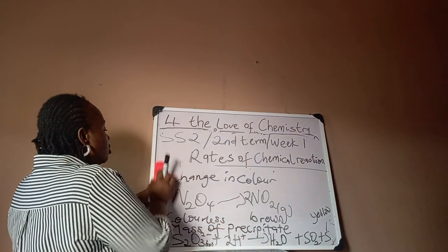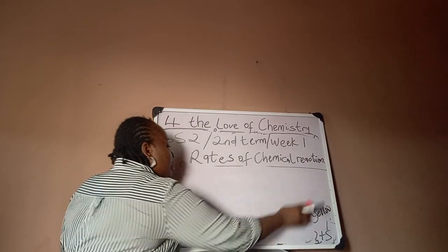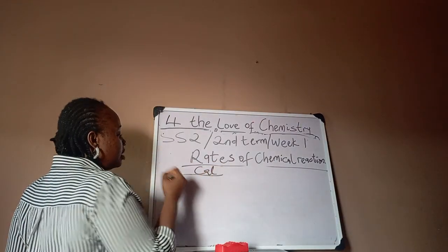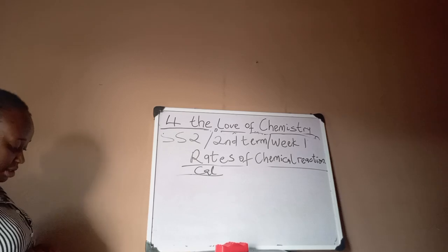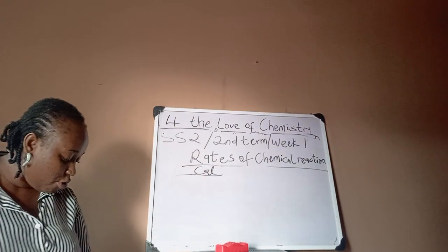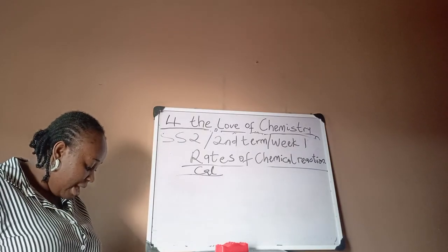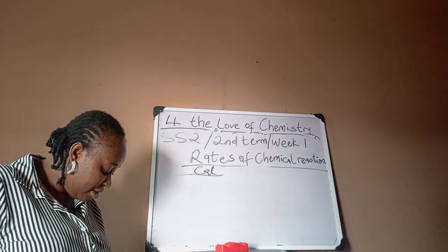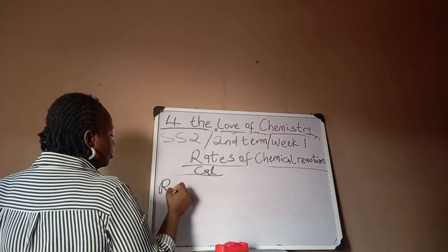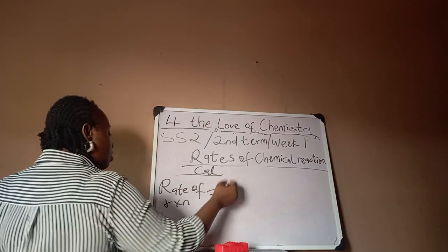Now let's look at one or two calculations involved in this. Calculations under the rate of chemical reaction. So the question says a marble chip weighing 4 grams was dropped in a large volume of hydrochloric acid. 2.5 grams of the marble chip remained after 5 minutes. Calculate the rate of the reaction. Alright, remember the rate of reaction is equal to what?